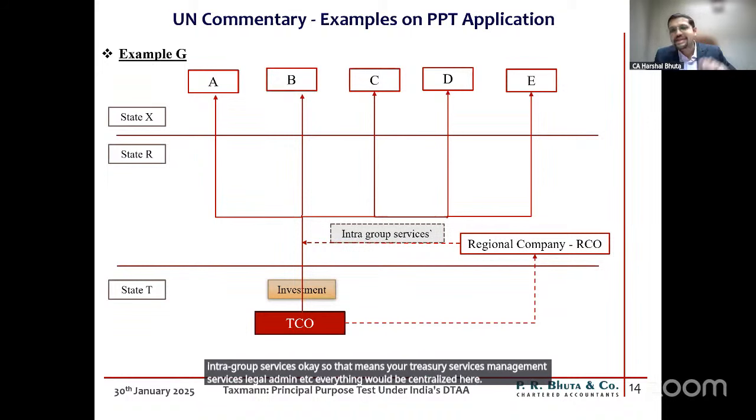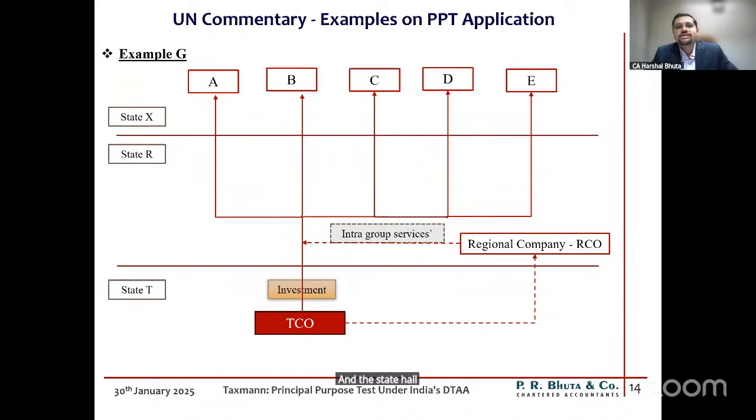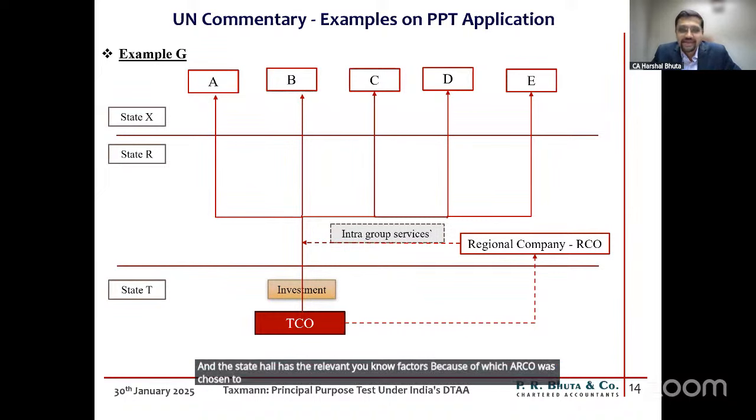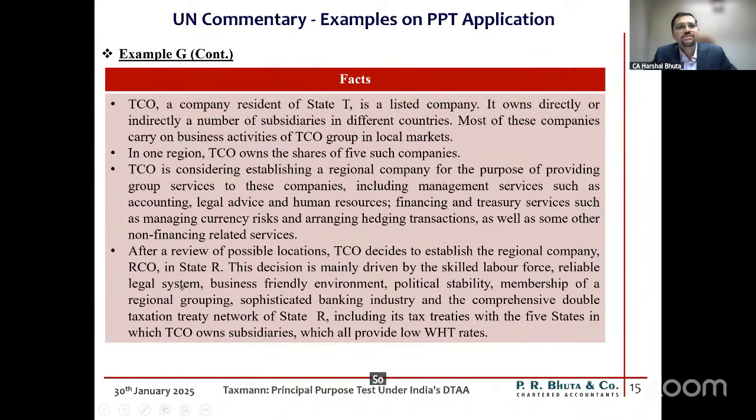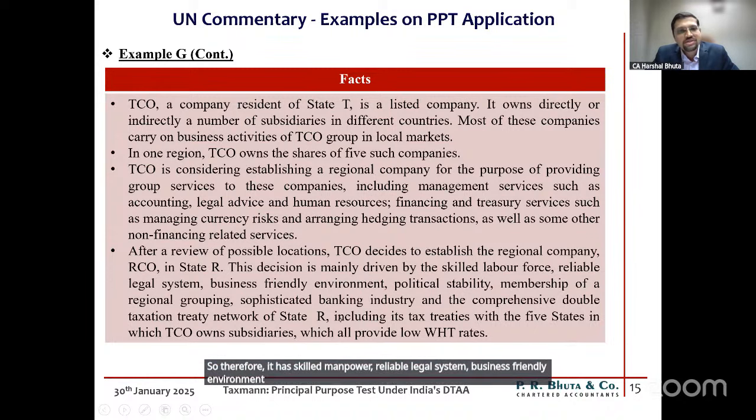And state R has the relevant factors because of which ARCO was chosen to be based in state R. It has skilled manpower, a reliable legal system, a business-friendly environment, political stability, and so on.